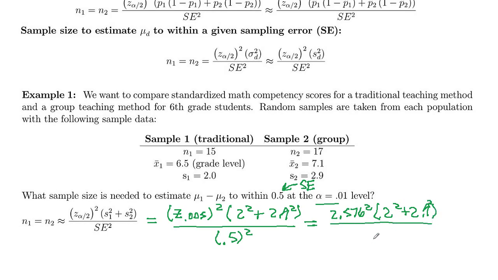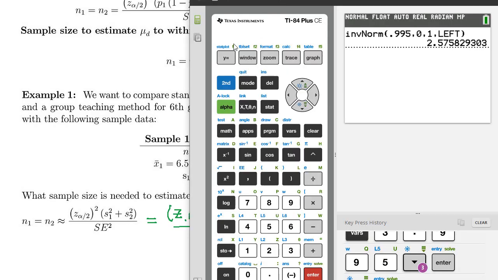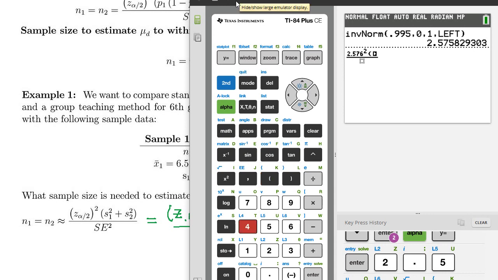over 0.5 squared, which is 0.25. So let's go ahead and enter that into the calculator. I'm going to do a horizontal fraction, alpha y equal enter. In my numerator, I've got 2.576, that is squared. And then we've got some parentheses: 2 squared is 4, plus 2.9 squared.